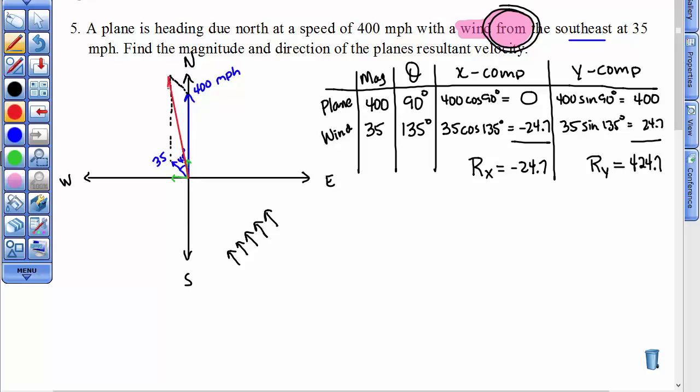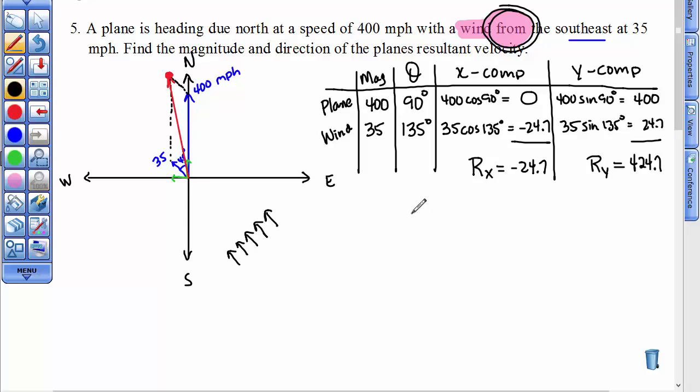So I had to take this green segment and add it on top of that blue segment to get to the end of this vector. And then I had to go to the left this green amount, this 24.7, to get over here. So these two numbers get to this ordered pair, which means go to the left 24.7 and go up 424.7.